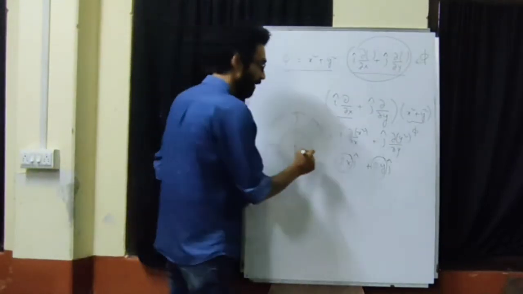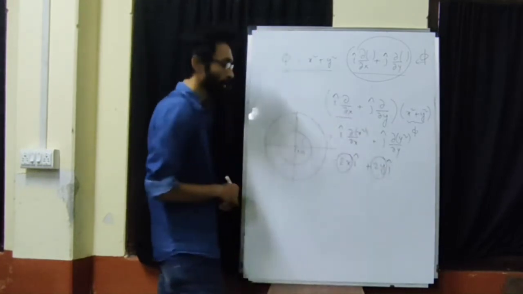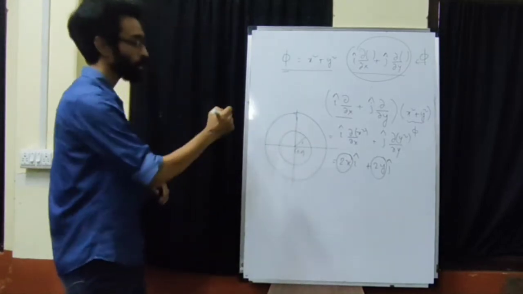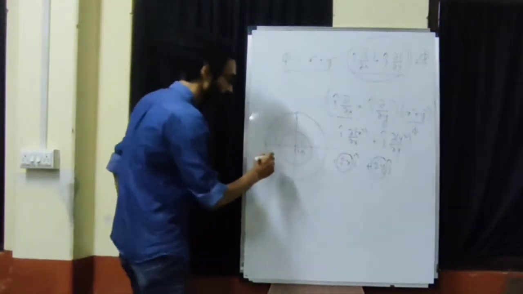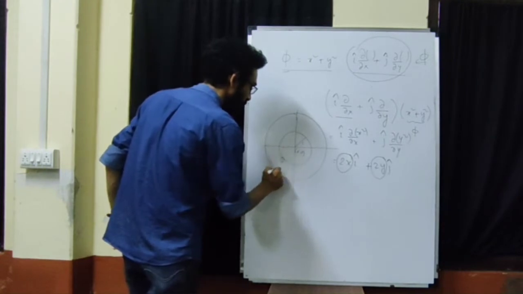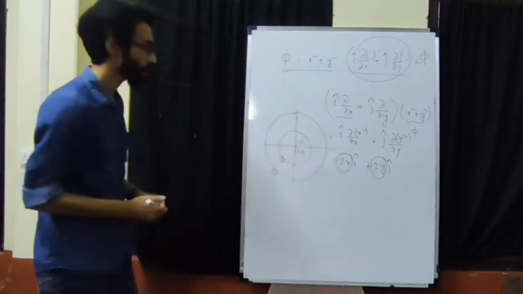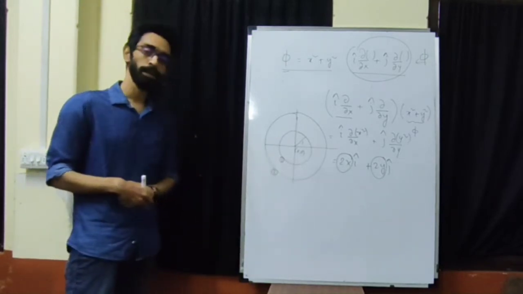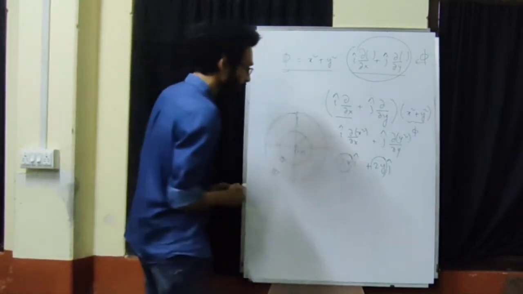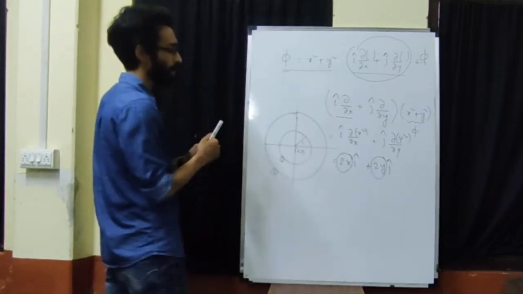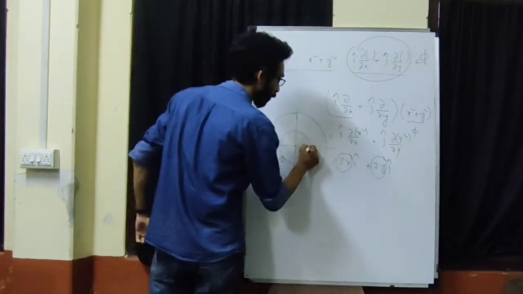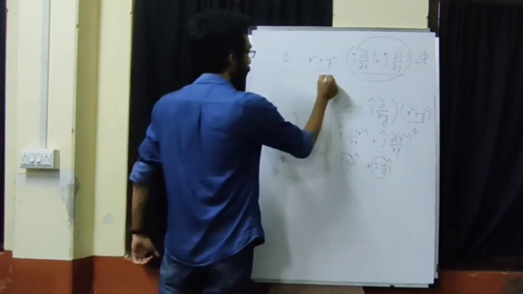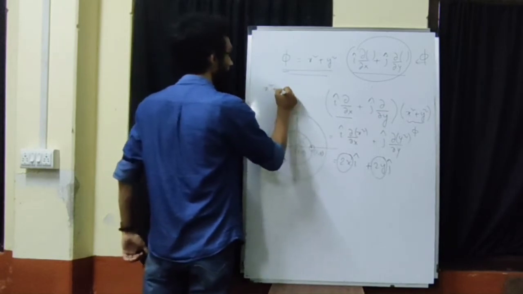So let us calculate the value of this vector at some point on the first level surface. Let's call this surface 1 and this surface 2. The first surface is a circle with radius 1 and the second one is a circle with radius 2. Let's take this point here. This point is (1, 0) and it satisfies the equation of the circle, x square plus y square.